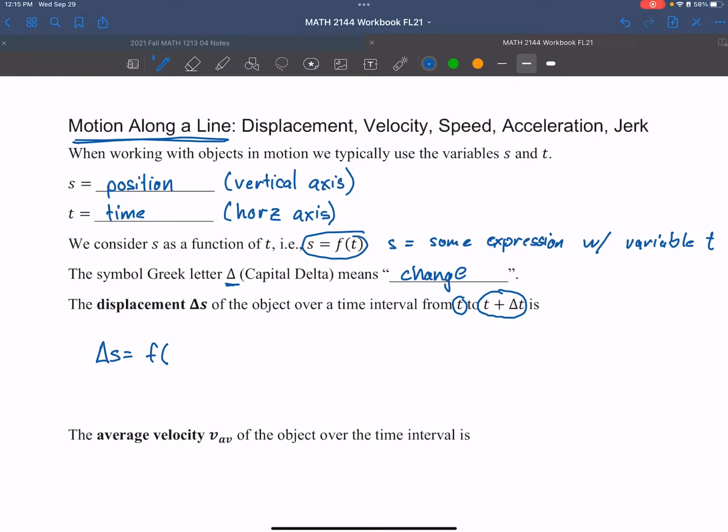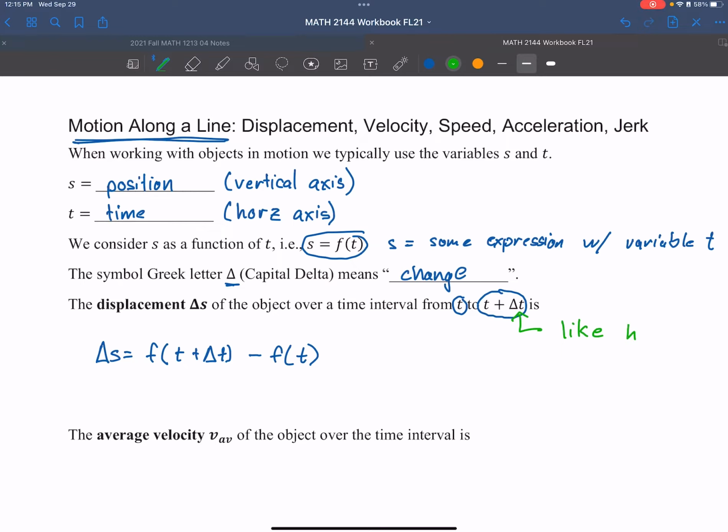So to figure out the actual displacement, you're going to use the function. It's going to be f of t plus delta t, and then minus f of t. You could think about this delta t as the h from earlier. Remember the h from earlier is some distance after our original point.